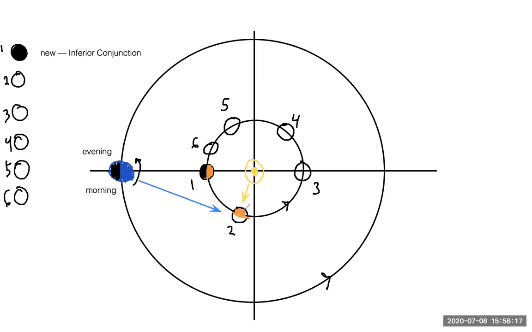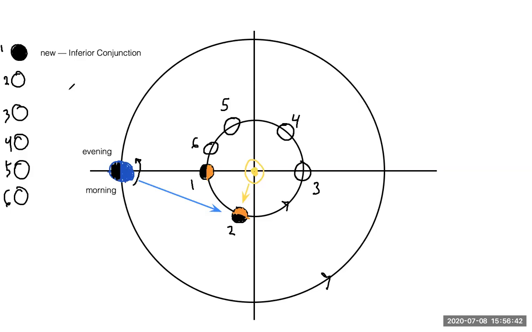So at number 2, we actually have something that looks like this, where the Earth will see exactly half of this planet being illuminated. And from the viewpoint that I've drawn right now, it's going to be the left half that's illuminated.